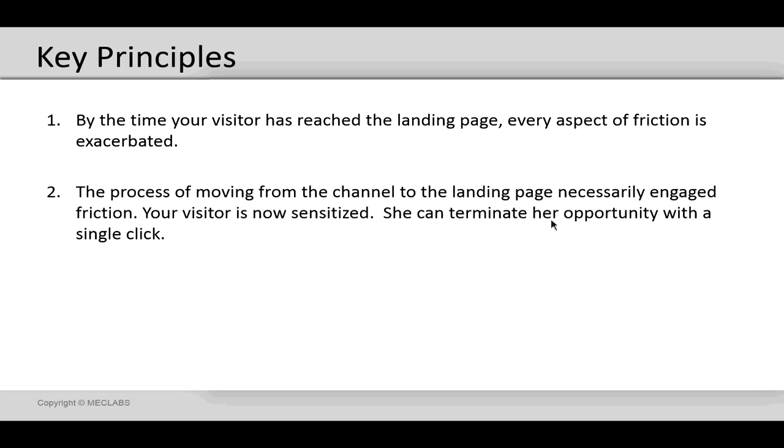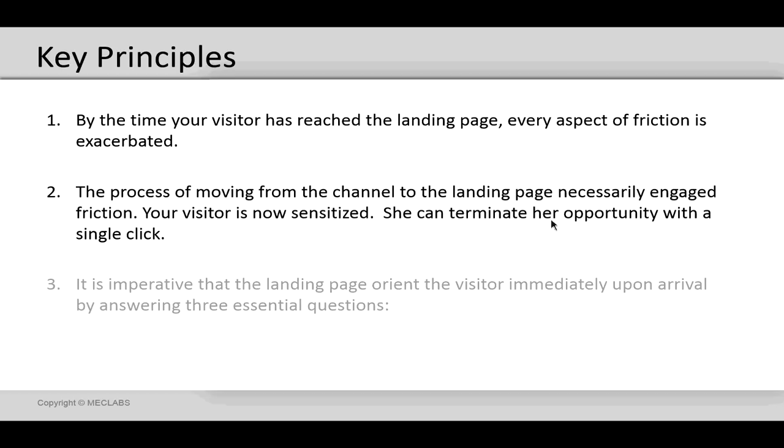The process of moving from the channel to the landing page has engaged friction. People have had to go from perhaps an email, to your website, to a landing page, and so now your visitor is sensitized. They can completely abandon the process at any point. They can terminate the opportunity with a single click.